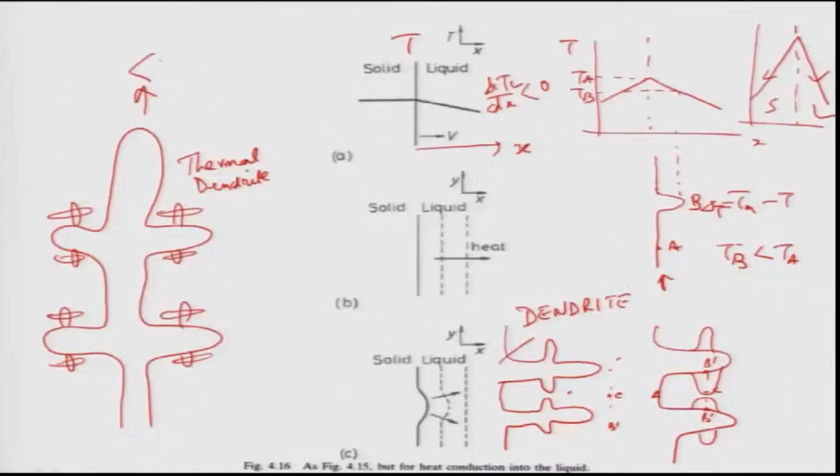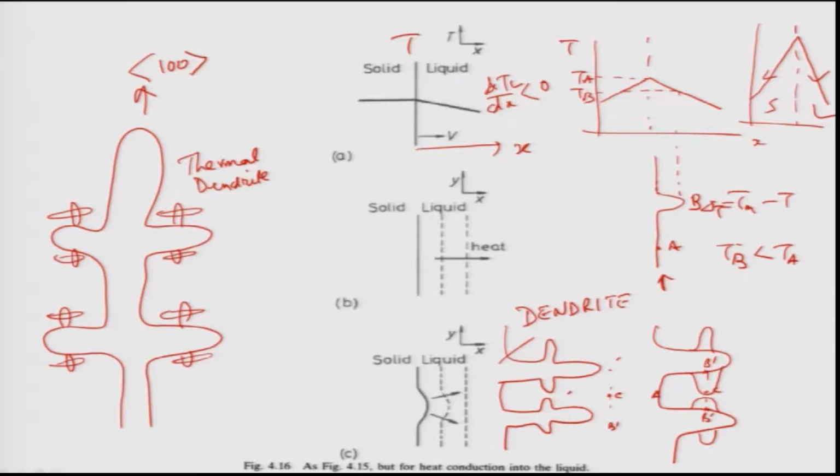Remember, these dendrites do grow along certain crystallographic directions. They do not grow along any odd directions. Normally for the cubic crystal these crystallographic directions are 1 0 0. There are many reasons for that, so we will not discuss in detail why they grow along 1 0 0 directions, but it has been found that the crystallographically low index directions are the ones along which the dendrites grow.